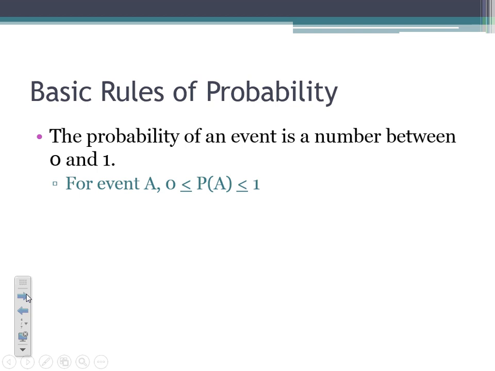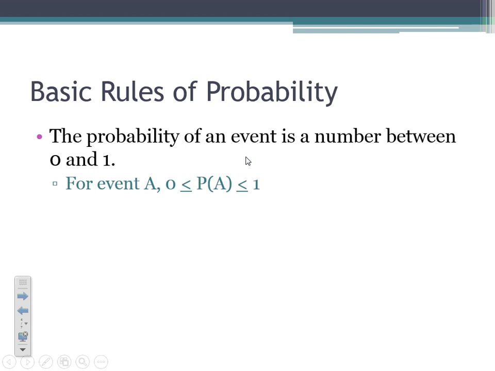If we were to write that in probability notation, we say for event A, the probability of A, that's what P parenthesis A parenthesis is representing, right? So the probability has to fall between 0 and 1. If the probability is 0, that means that event is never going to happen. If the probability is 1, that means that event is certain to happen, and it could fall anywhere in between.